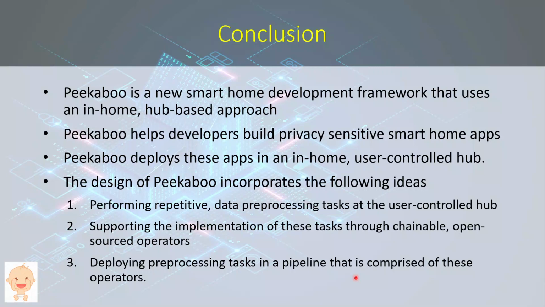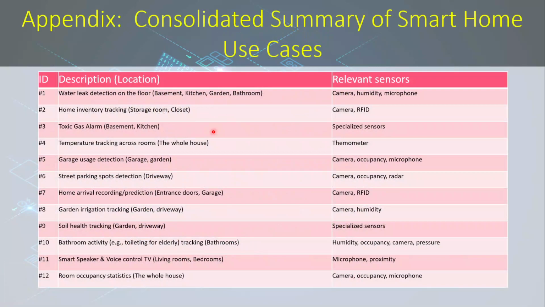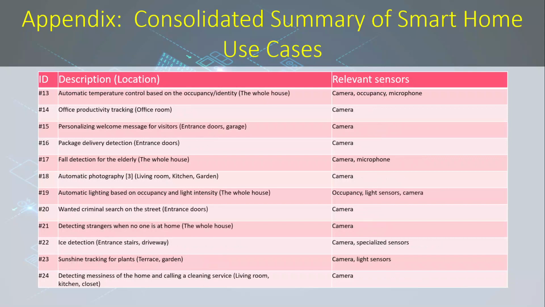As an appendix, I offer a summary of the smart home scenarios that were actually used in the study. There are actually 37 of them, and they are discussed here. What you will see are their ID, the kind of tasks they're using, and the sensors that are used for each of these tasks.